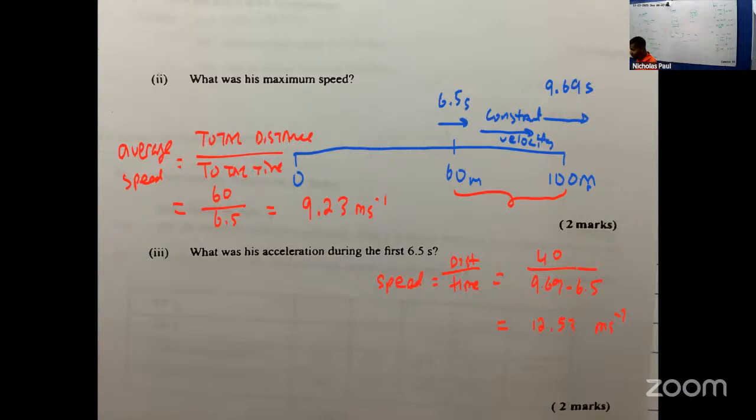If you add up all his speeds and divide by the total, you get an average. Remember they said when he reaches the 60 meter mark, he reaches max velocity and then maintains it. So the final velocity at the 60 meter mark is 12.53.